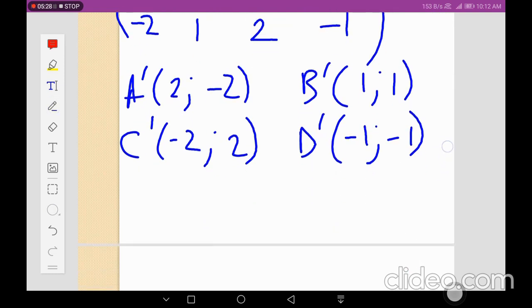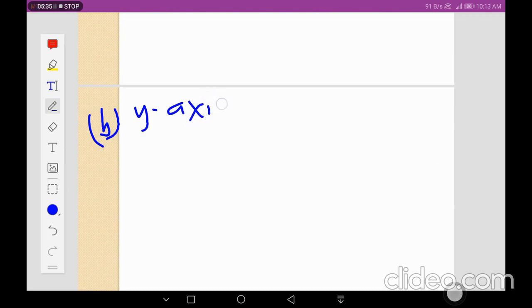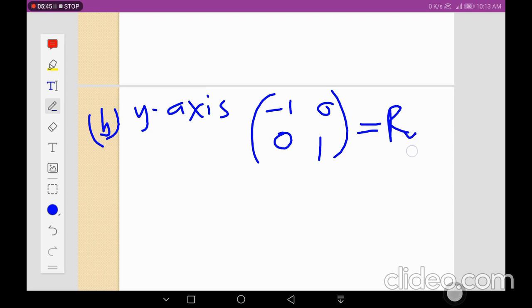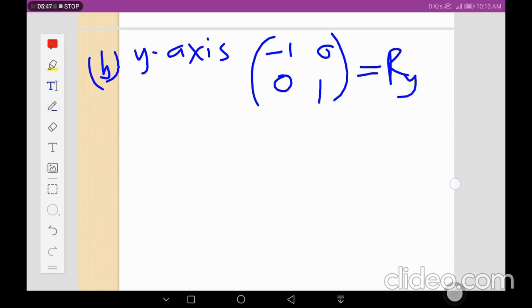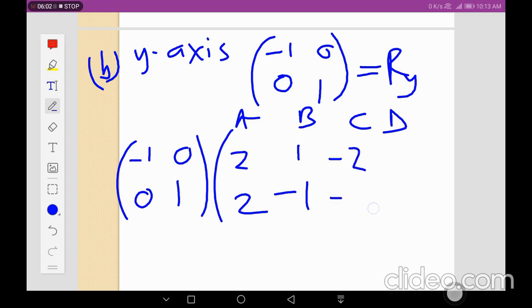Let's do it for the y-axis. We are on part B of the question, the y-axis. We said the matrix of reflection is -1 0 0 1. So we'll be using this matrix for Ry. Let's do the multiplication. We've got -1 0 0 1 multiplying by our A, B, C, D, which was 2 2, 1 -1, -2 -2, -1 1.